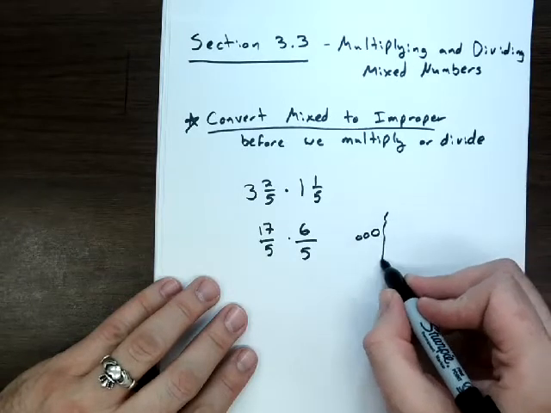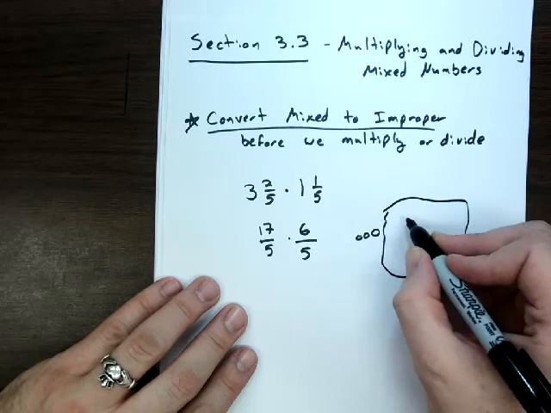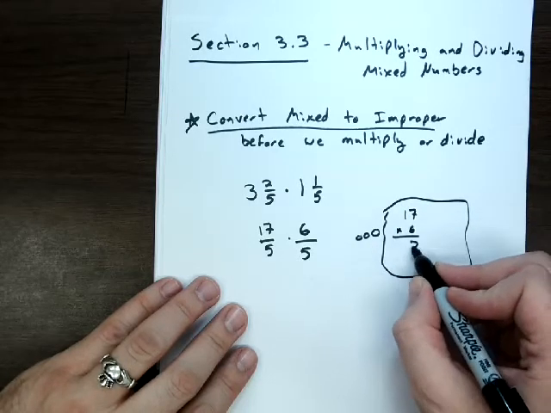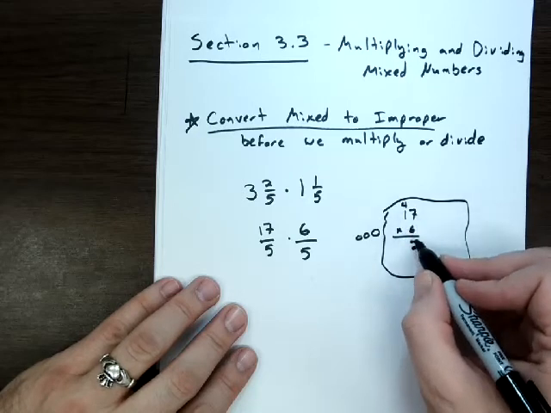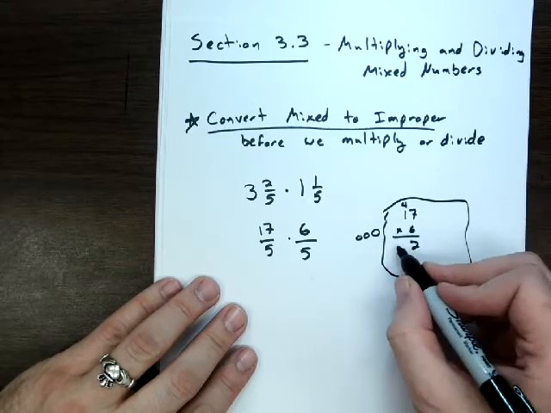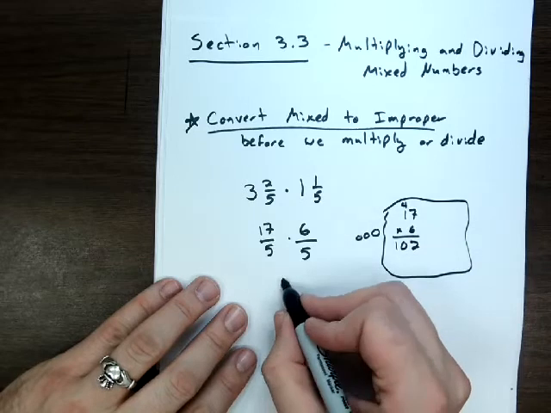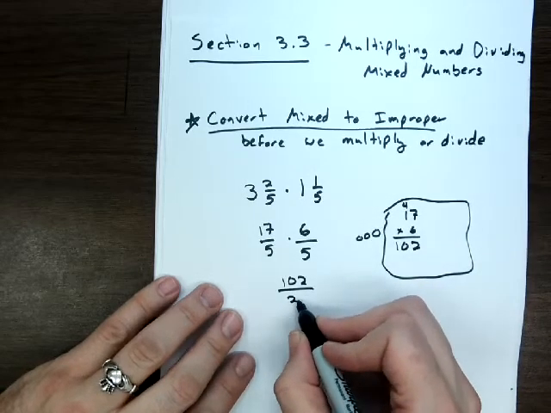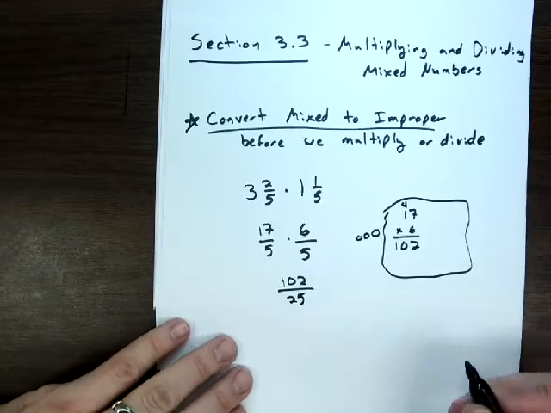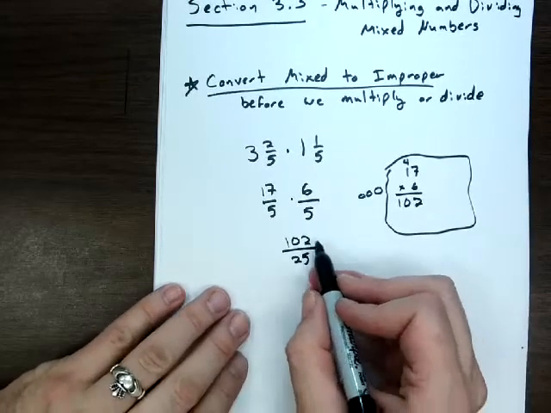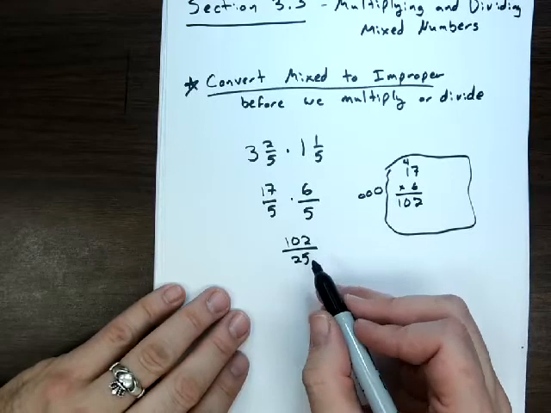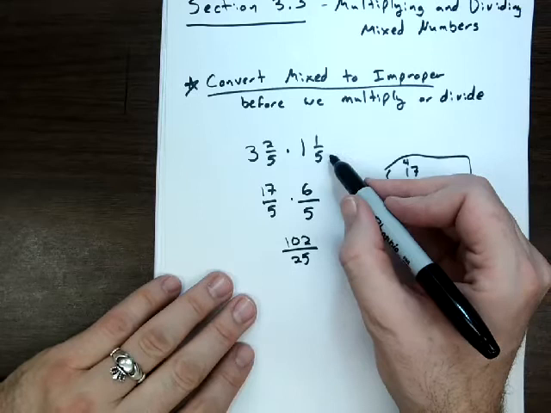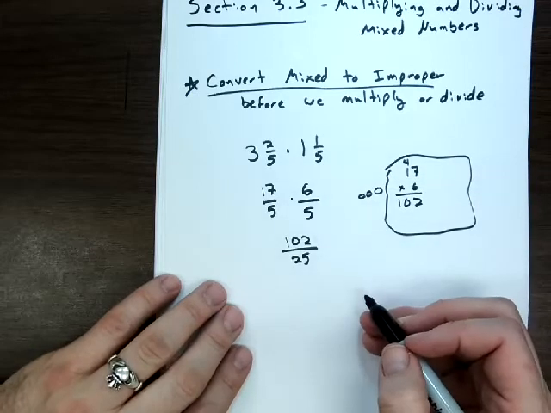That's okay. We can go ahead and say 17 times 6. 6 times 7 is 42. 6 times 1 is 6, plus 4 is 10. So it's going to be 102, and then 5 times 5 is 25. Now, stylistically we could leave it like this, but since we started with mixed numbers, it's usually a good idea to end with mixed numbers as well.